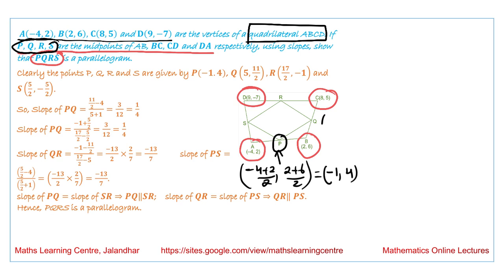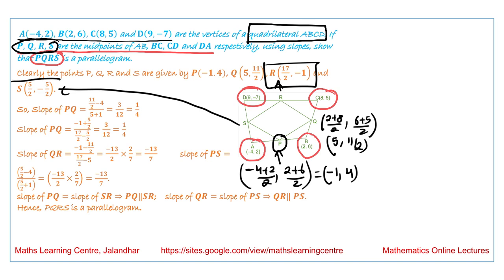Then the coordinates of the point Q are ((2 plus 8) by 2, (6 plus 5) by 2). The answer we obtain is 5 comma 11 by 2. Similarly for this point R, the coordinates are 17 by 2 comma minus 1, and for this point S, the coordinates are 5 by 2 comma minus 5 by 2.